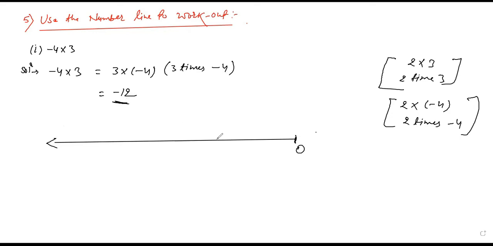From 0 to the left side, all the values will be negative. So 1, 2, 3, 4, 5, 6, 7, 8, 9, 10, 11, 12. So this is minus 12, minus 11, minus 10.